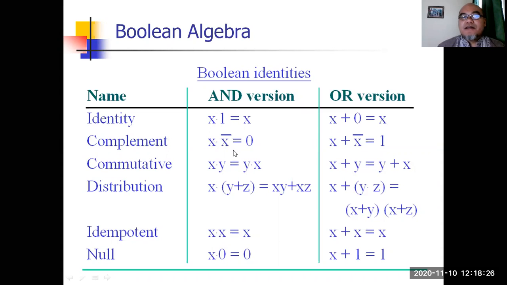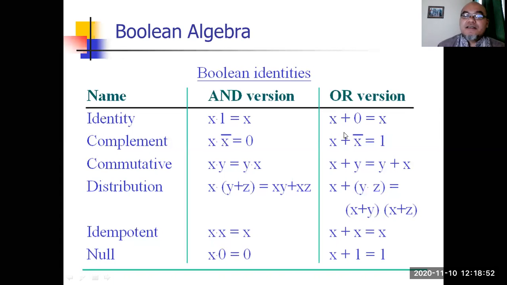Complement means when it is operated with the not of that input value. In the AND version, if x is ANDed with its inversion, not x, then the value will equal 0. For example, if x were 1, 1 and not 1, or 1 and 0, will equal 0.